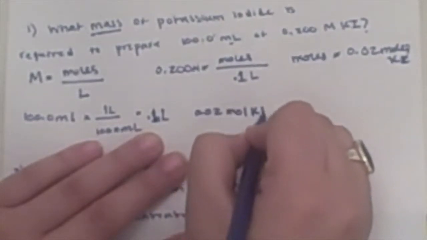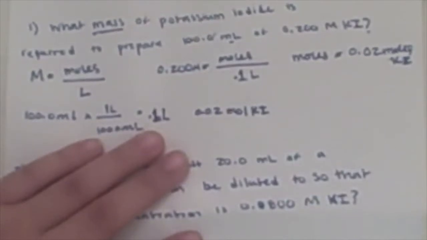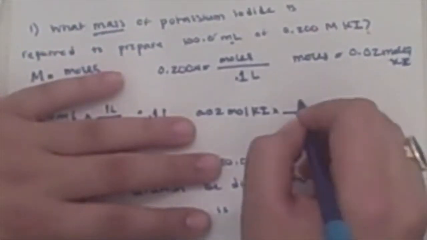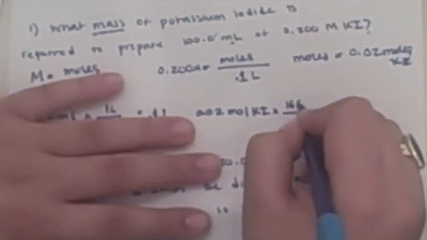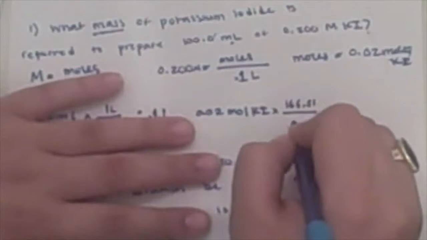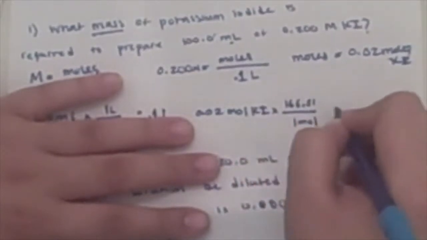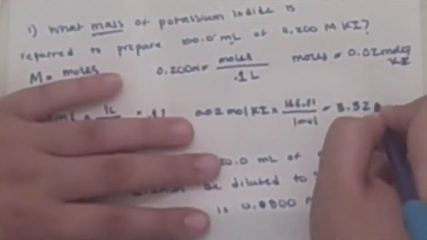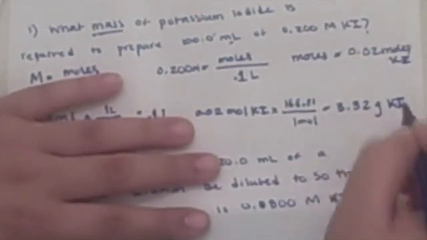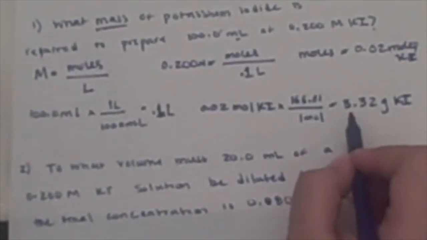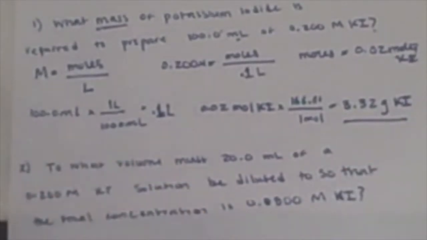So we have this much moles of potassium iodide, and if we multiply it by the molar mass of potassium iodide, which is 166.01 over 1 mole, we get 3.32 grams of potassium iodide. That's the first part. This is how you get grams from molarity.